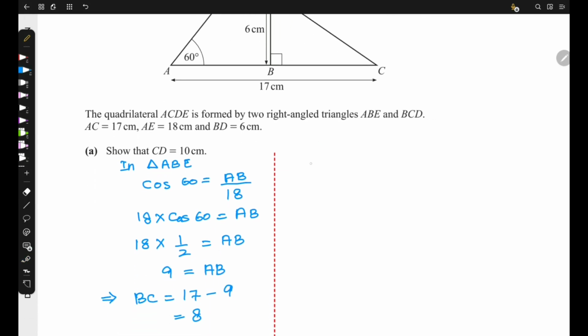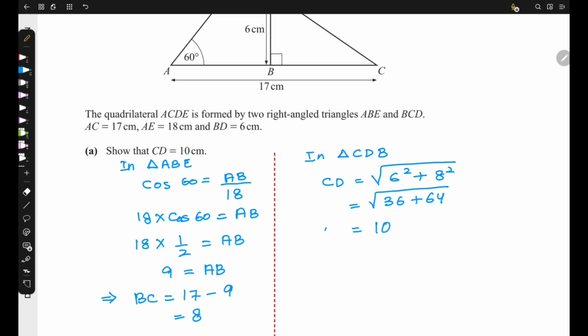So in triangle CDB, CD is equal to the square root of 6 squared plus 8 squared. 6 squared is 36, 8 squared is 64, 36 plus 64 is 100 and the square root of 100 is 10.